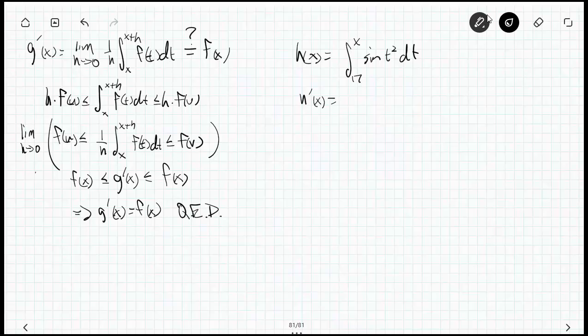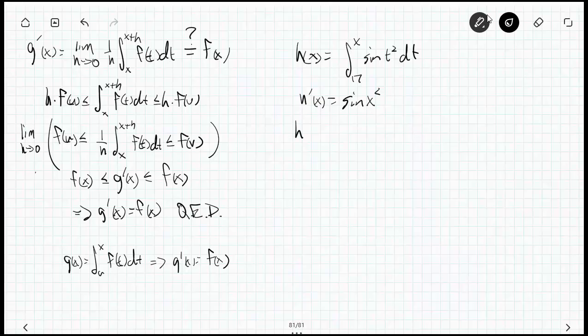According to the fundamental theorem of calculus, if g of x equals the integral from a to x of f of t dt, then g prime of x is equal to f of x, right? So in other words, just stuff the x wherever you see the t. So h prime of x is equal to the sine of x squared. All right, that's one thing.